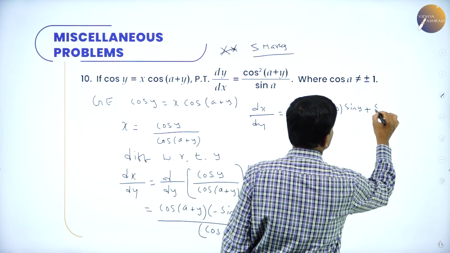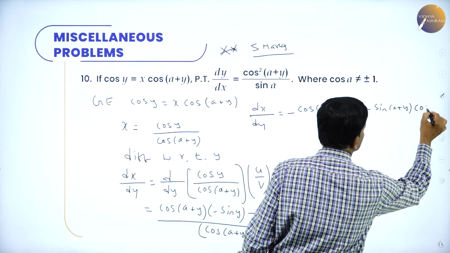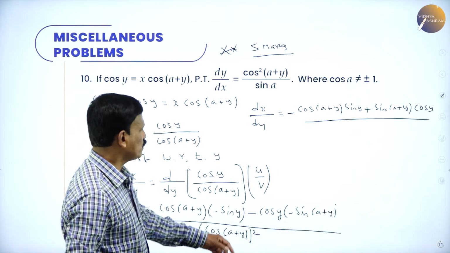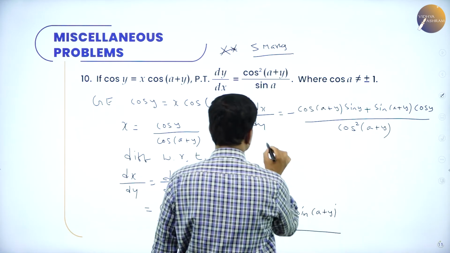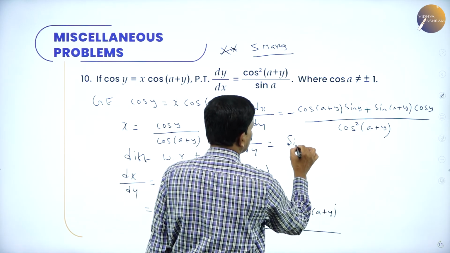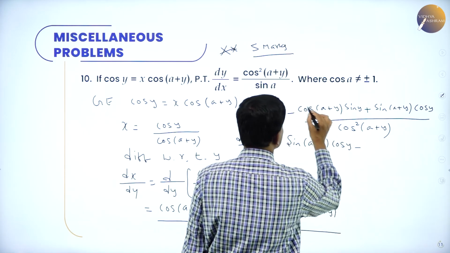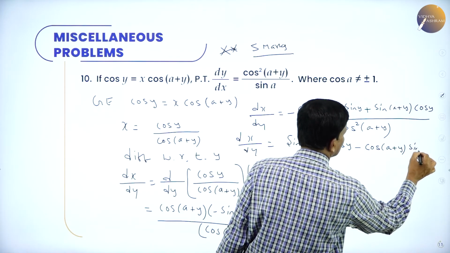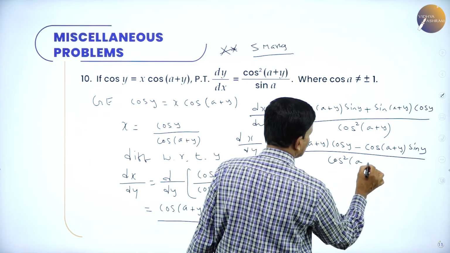First consider this, sin (a plus y) into cos y, divided by cos (a plus y) squared, which can also be written as cos squared (a plus y). Write down this positive term first: dx by dy is equal to sin (a plus y) into cos y minus cos (a plus y) into sin y, whole divided by cos squared (a plus y) in the denominator.